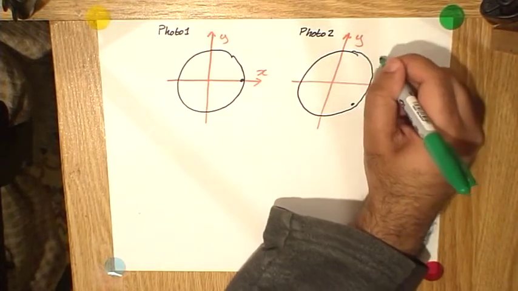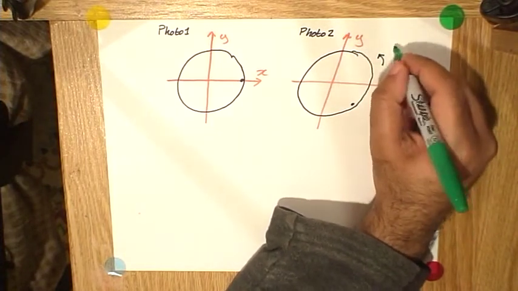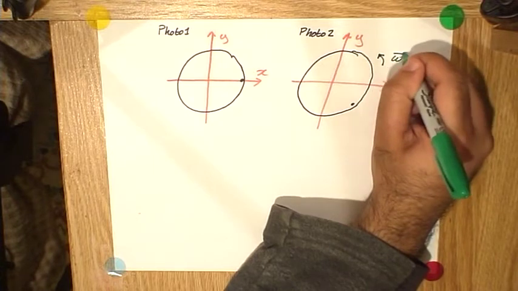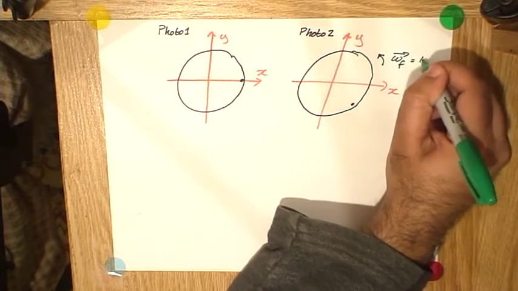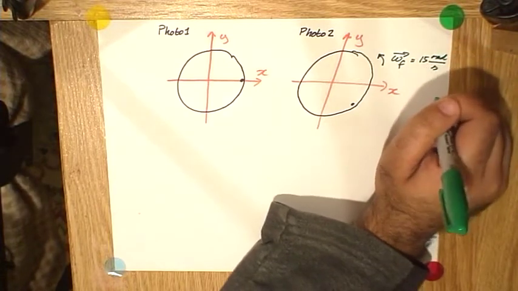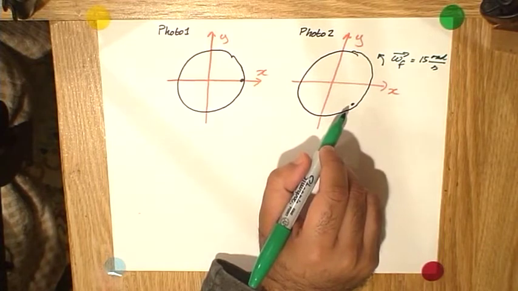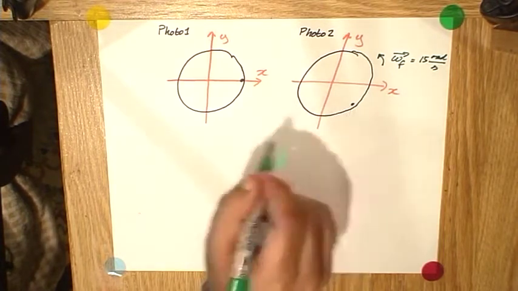Now, the final velocity of this record is 15 radians per second. We know that 7 seconds elapsed between these two photos.